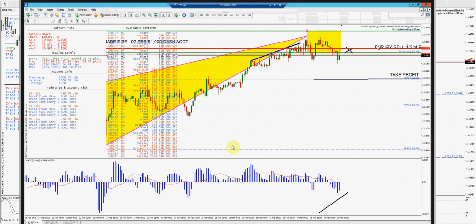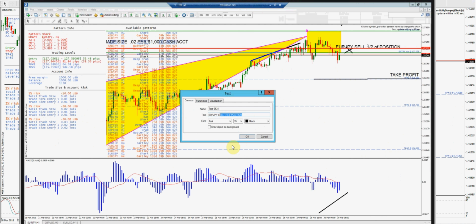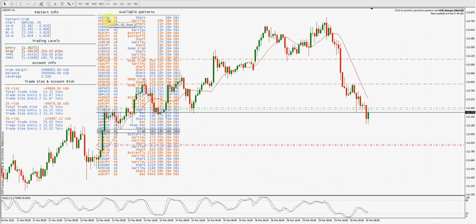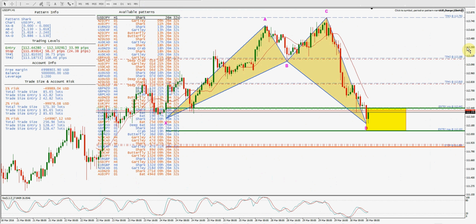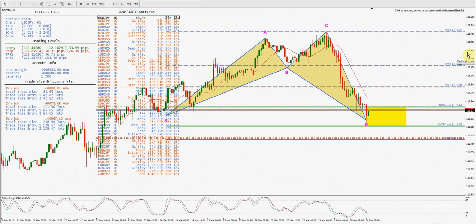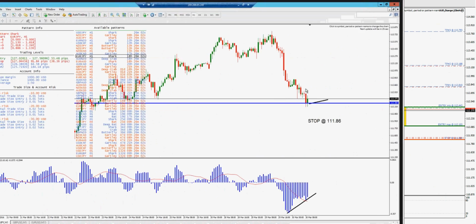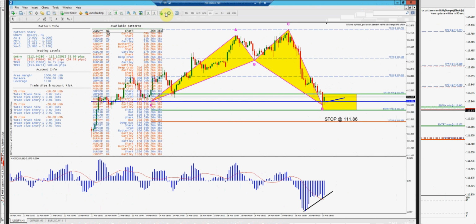Where we put the sell, we're going to make a stop loss down, okay? 127.14, that's your stop, guys, on the EURJPY sells. Bigger trades we're looking at, USD JPY to the buy side.